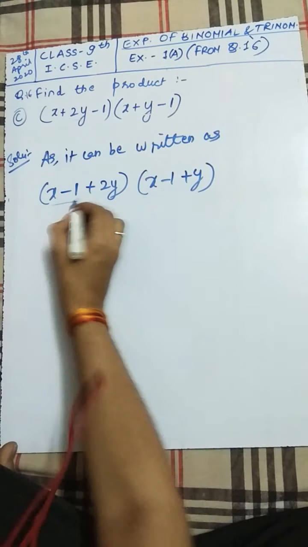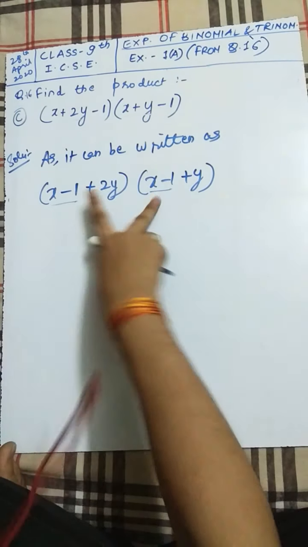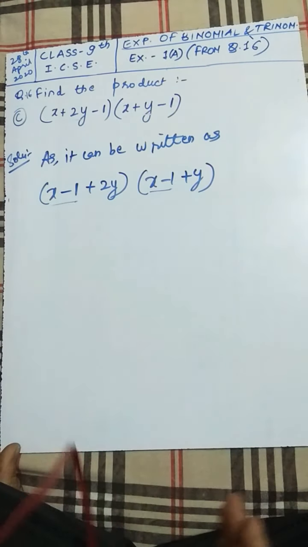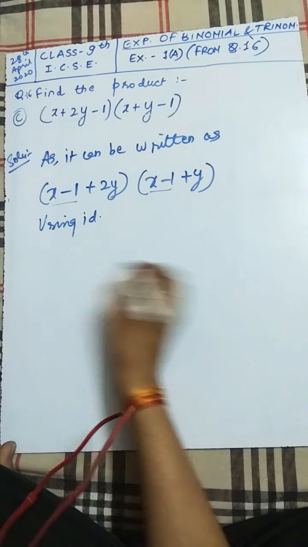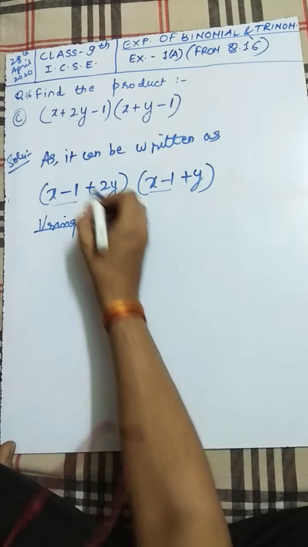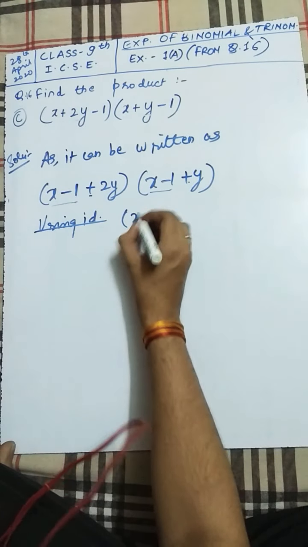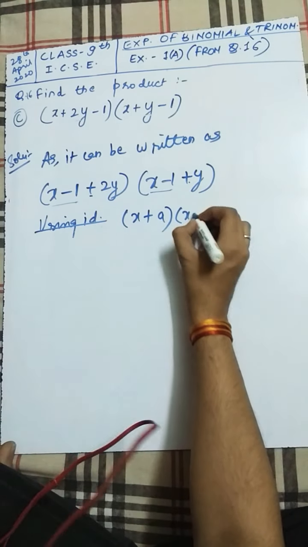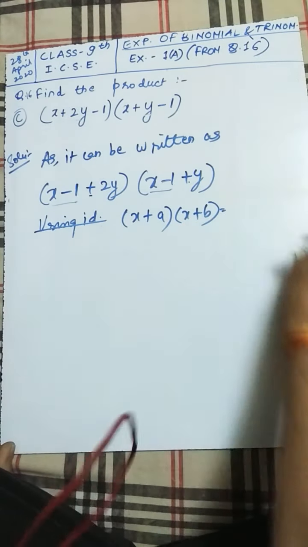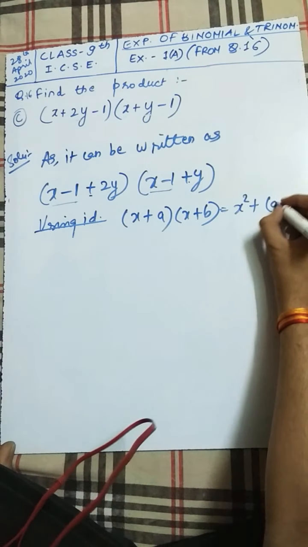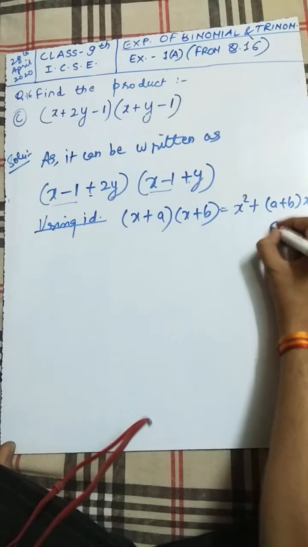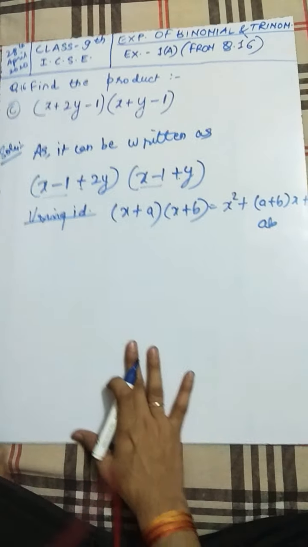Now can you see these two are similar? Consider these two as a similar unit. Again using an identity. Which identity will we use? The positive case is there, so (x plus a)(x plus b), which gives x square plus (a plus b) times x plus ab. This we know.